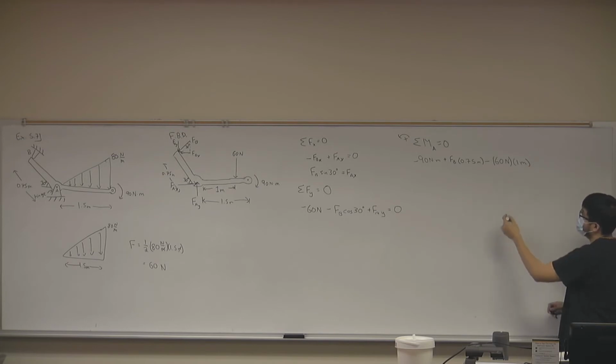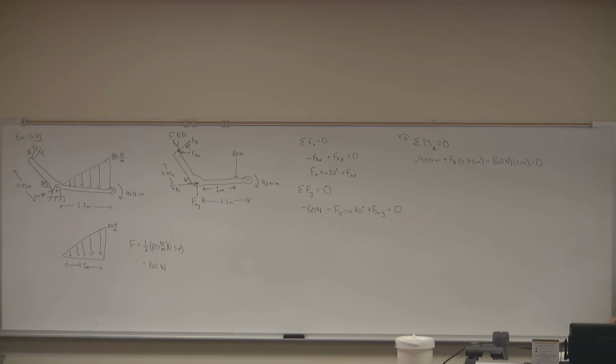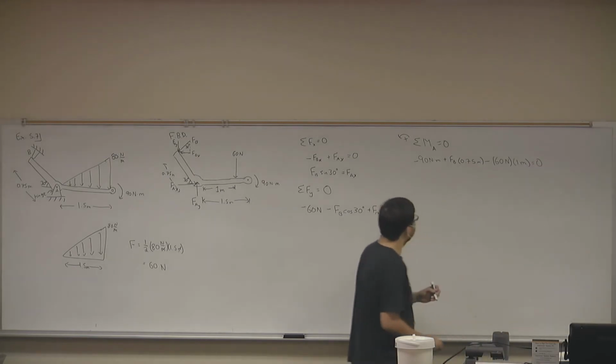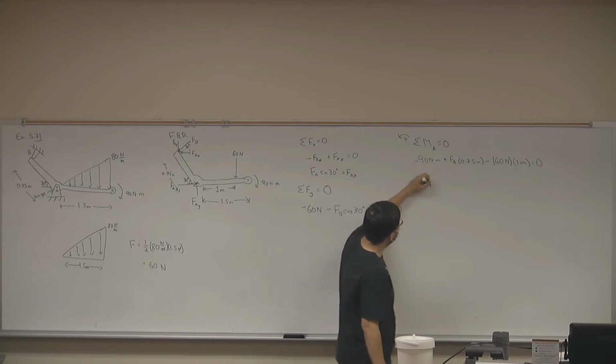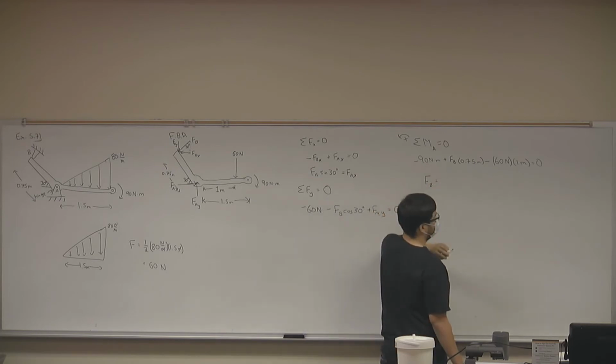To simplify, we have negative 90 minus 60 divided by 0.75 equals FD. It'll all be positive.